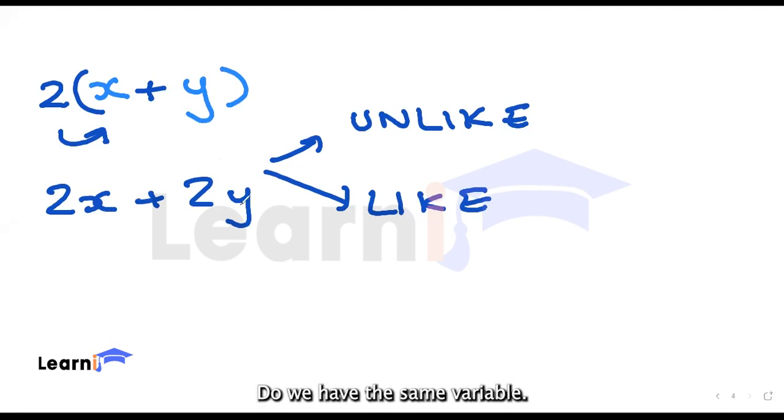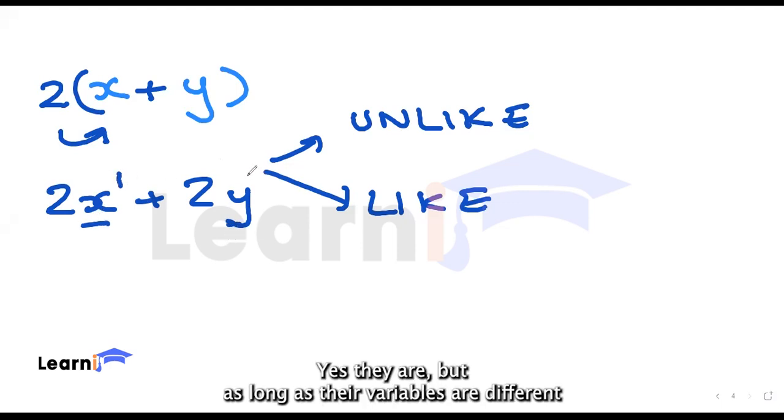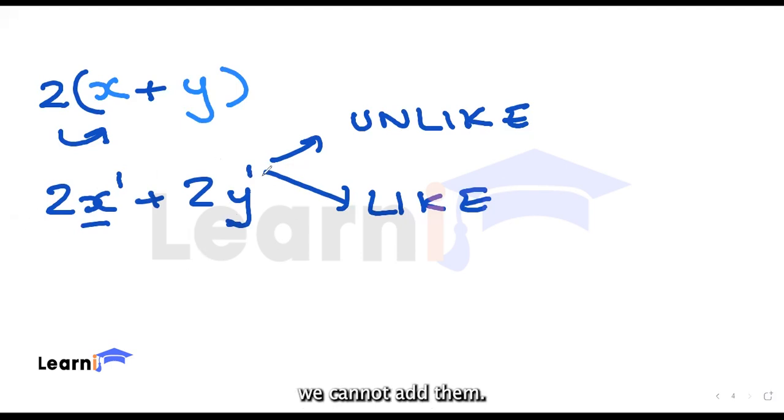Here, do we have the same variable? No, we have x and a y. Are their exponents the same? Yes, they are. But as long as their variables are different, we cannot add them. So 2x plus 2y will remain 2x plus 2y.